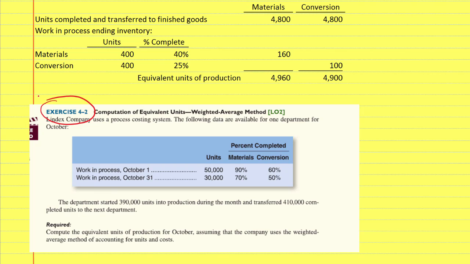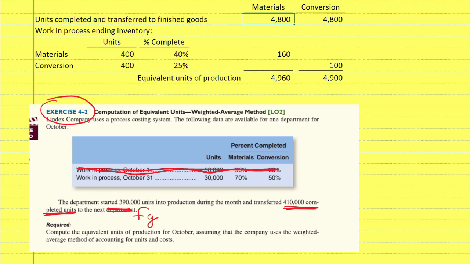So in exercise 4-2, first of all, we're going to ignore beginning inventory, work in process inventory on October 1st at the beginning of the month. We're going to ignore all that information temporarily. And notice that 410,000 units were completed. 410,000 units rolled off the end of the assembly line, and I'm going to say into finished goods, FG there.